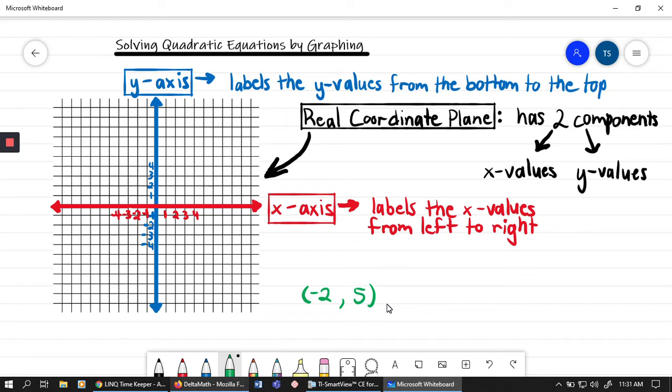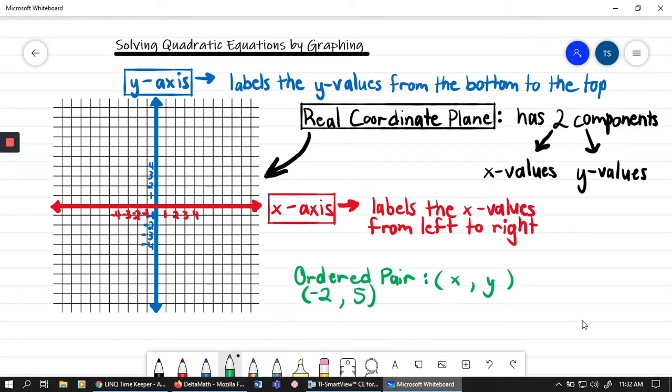For any ordered pair, because that's what this is, there are two components. Remember that ordered pairs are always in this form: the x value is the first number, and the y value is the second number.